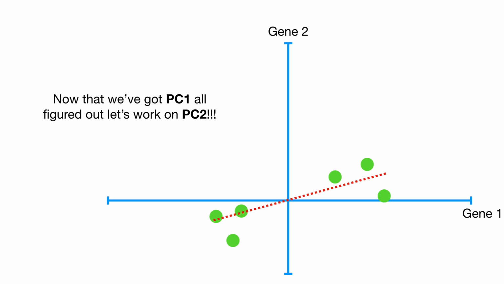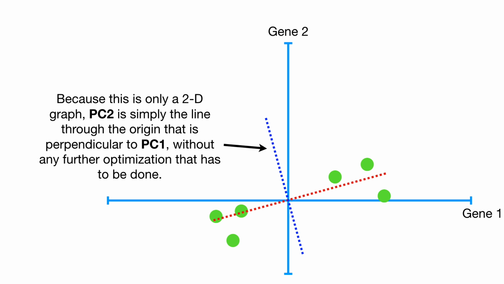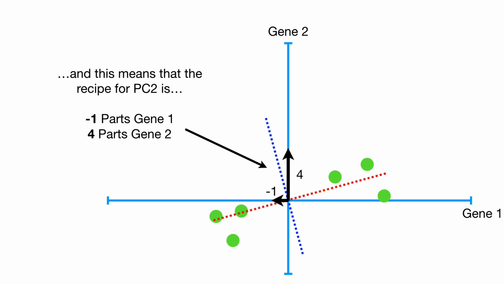Now that we've got PC1 all figured out, let's work on PC2. Because this is only a 2-dimensional graph, PC2 is simply the line through the origin that is perpendicular to PC1, without any further optimization that has to be done. And this means that the recipe for PC2 is -1 parts gene 1 to 4 parts gene 2.